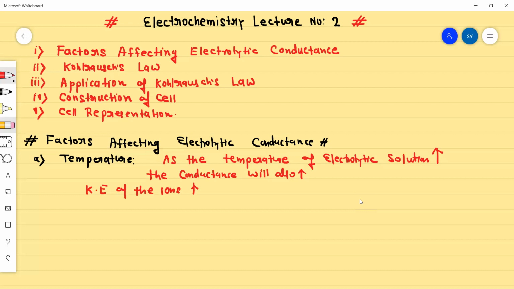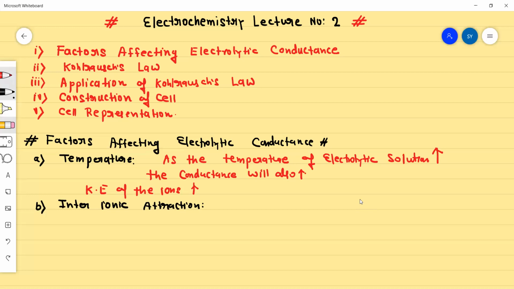After that, the second factor which can decide the conductance is the interionic attraction. See, if the attraction is very high, we can say that the ions are not going to move, so conductance is not going to happen in a rapid way.